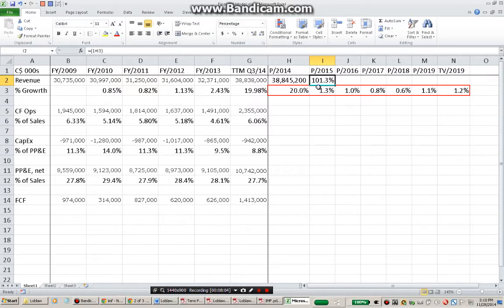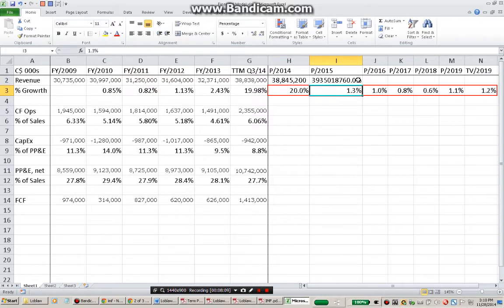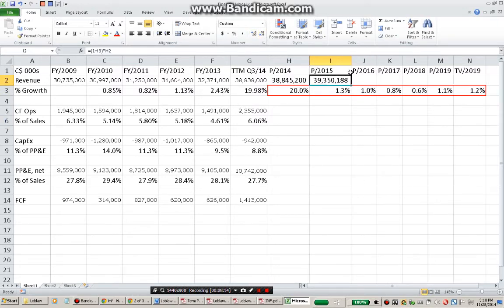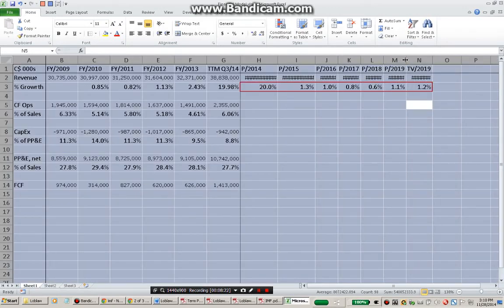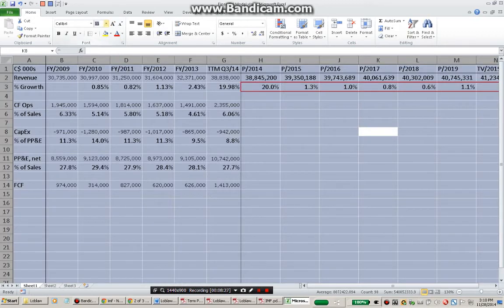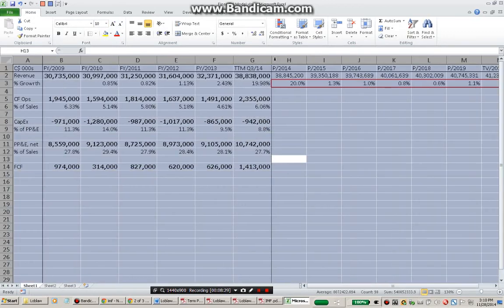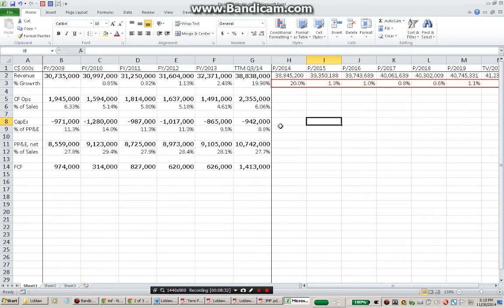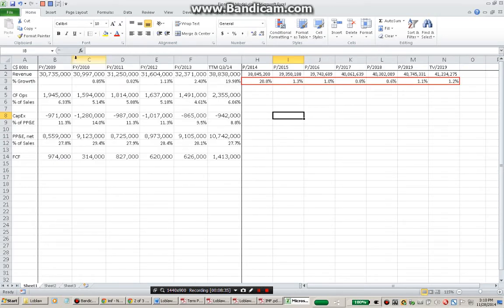So that's 101%. We want to multiply this by the prior year. Okay, so we are just going to drag this formula across. Just going to make all these a tiny bit smaller. Might almost make sense to represent this in millions, because this company does very well in terms of size.